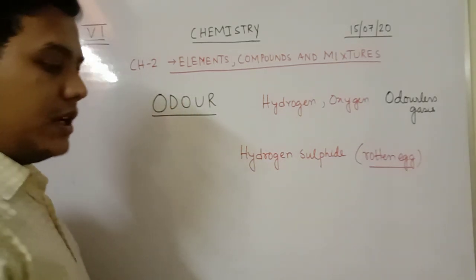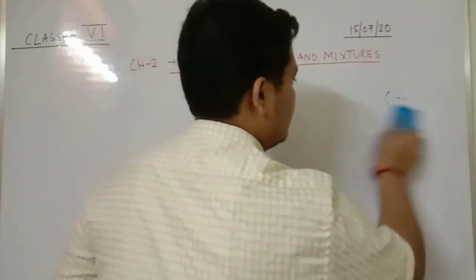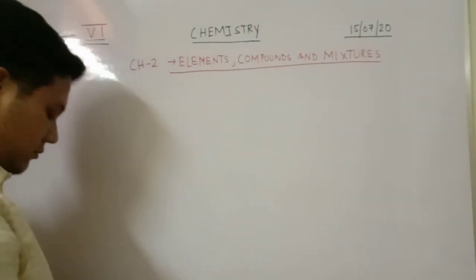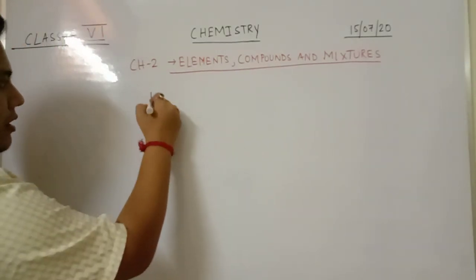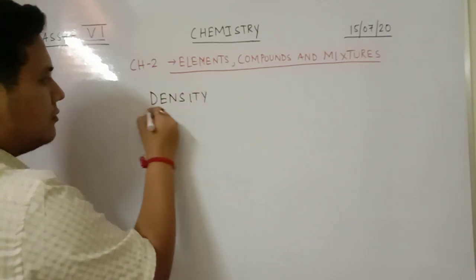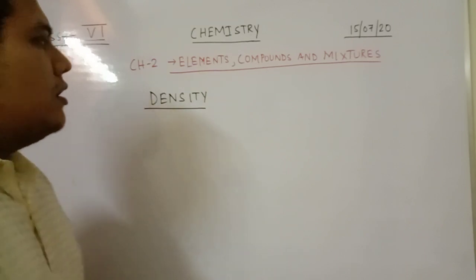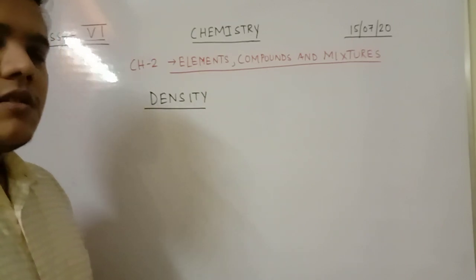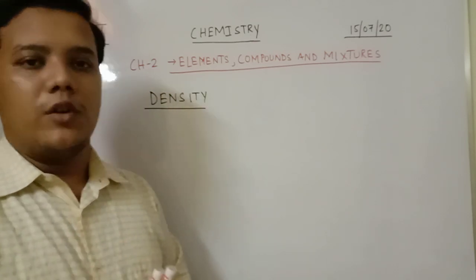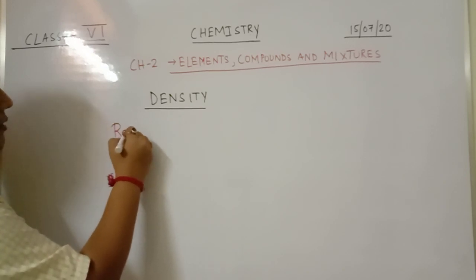Next characteristic property is the density. Density is the ratio of mass and volume.